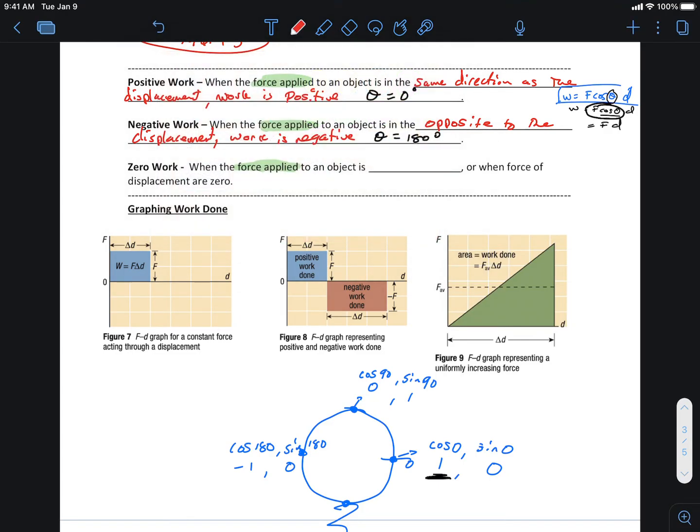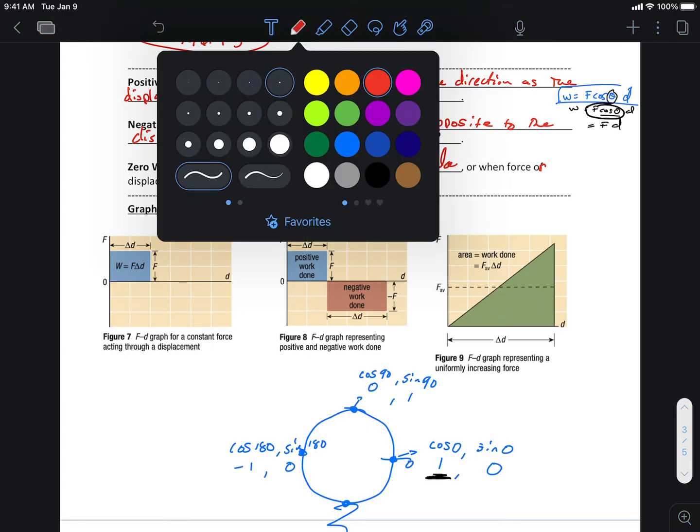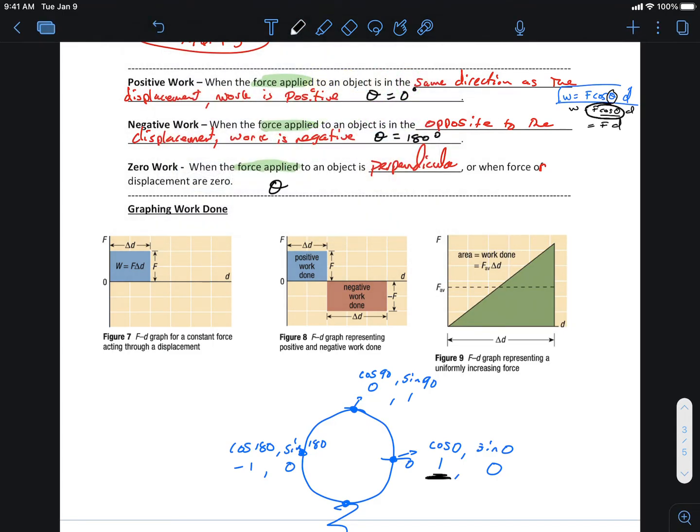And the last one, zero work: when the force applied to an object is perpendicular, or when force or displacement is zero. When is the force zero, you might ask? Well, if you actually have 0 newtons of force being applied, or in the instance where theta is equal to 90 degrees, right?